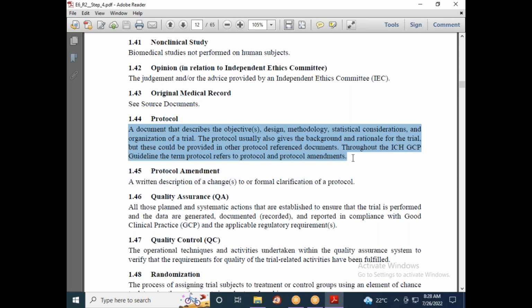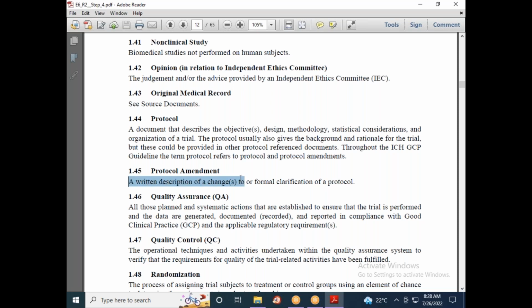It describes the study design, methodology, statistical considerations, and organization of a clinical trial.